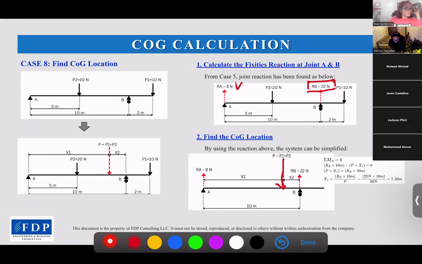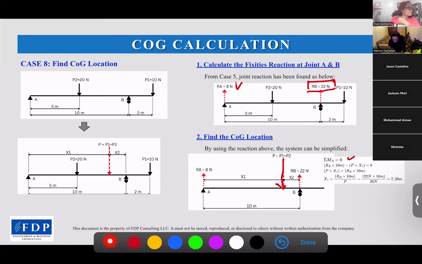To get the COG, let's say it's x1 from A or x2 from B, we can choose either total moment at A equals 0 or total moment at B equals 0. For this case, I use total moment at A equals 0.